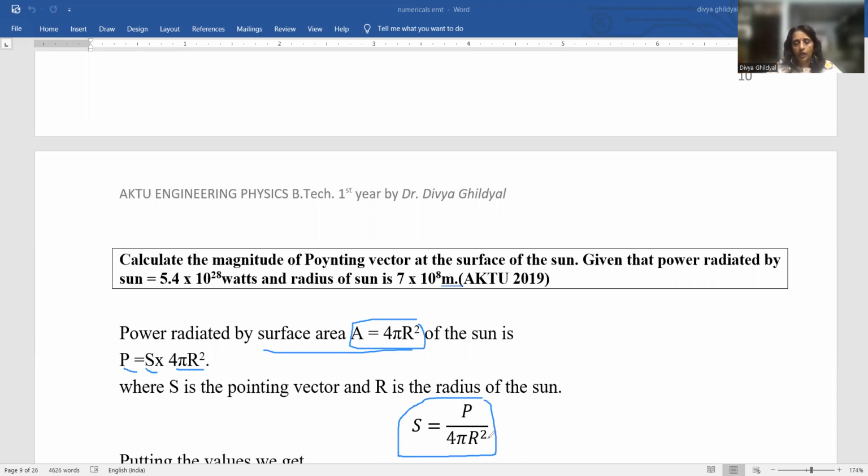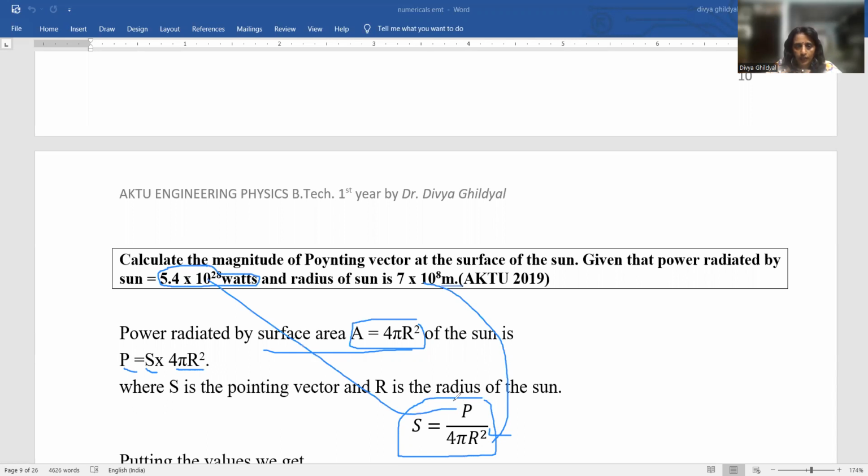Now we are going to put in the numerical values which have been given to us in the question. Pi is 3.14. R, the radius of the Sun, they have given as 7 into 10 to the power of 8. And the power radiated by the Sun is 5.4 into 10 to the power of 28 watts.